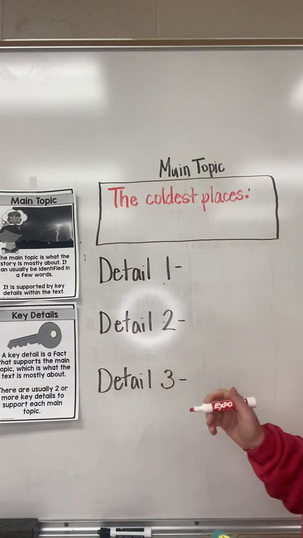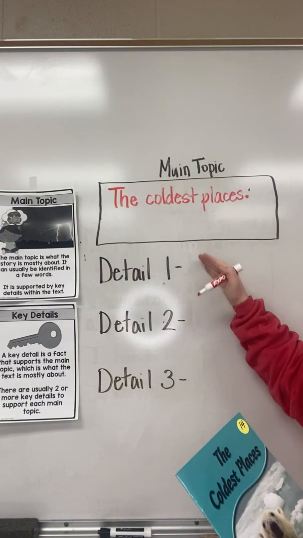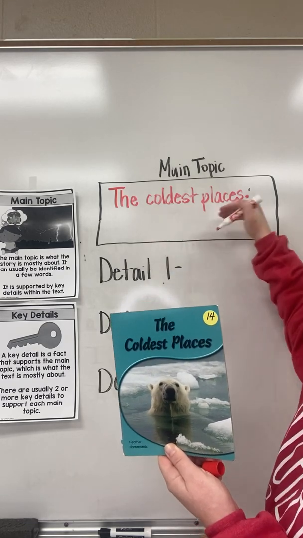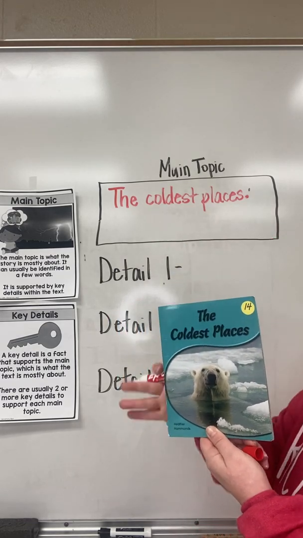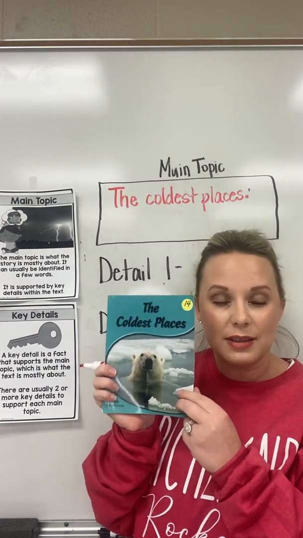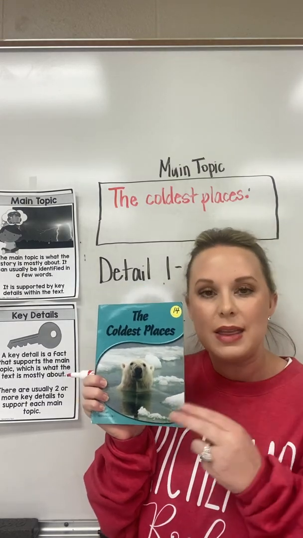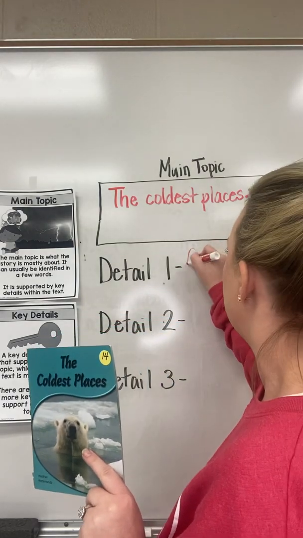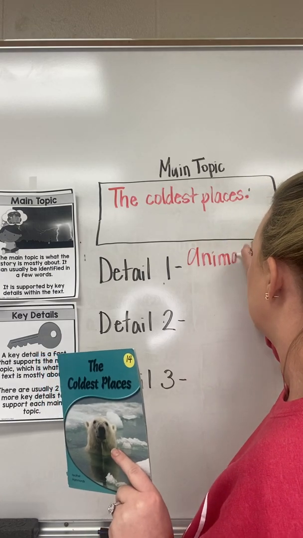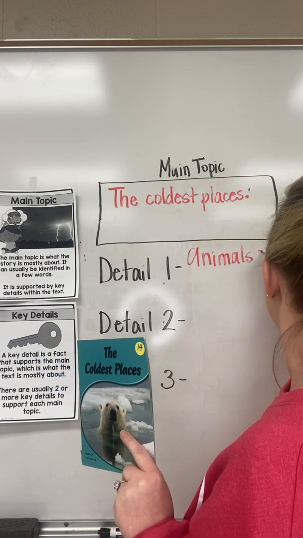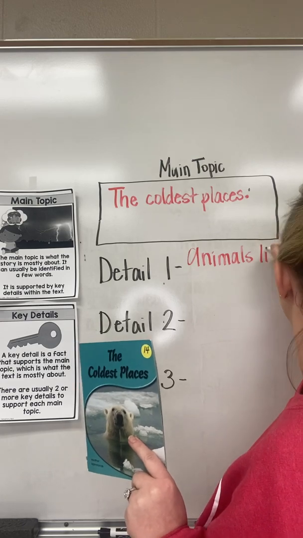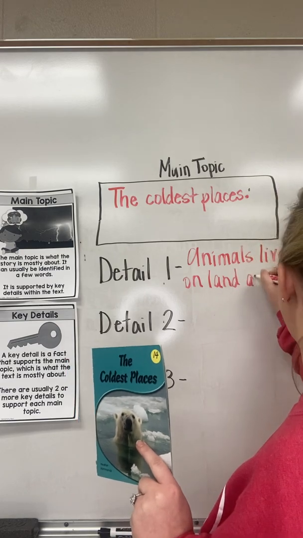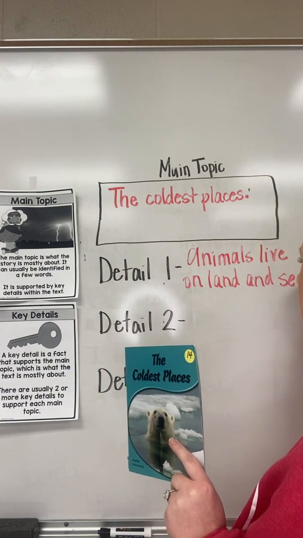Okay, so now I need to identify 3 facts or 3 key details from this book that supported the idea or the topic of the coldest places. Now, there were lots of very important details in this book. I just have to choose 3 that were important. The first one that I'm going to list is that animals live on land and sea.